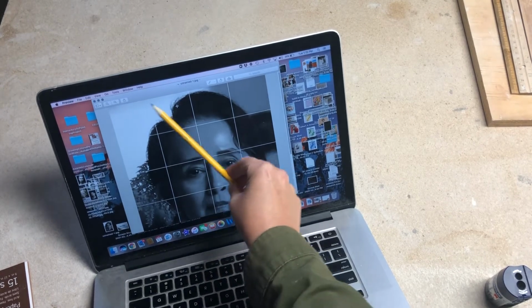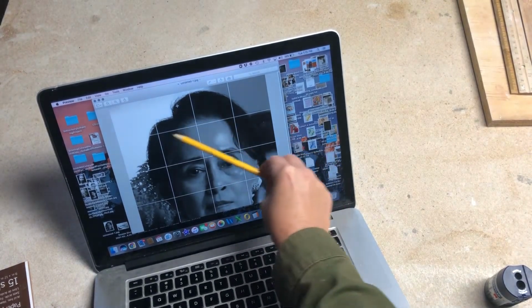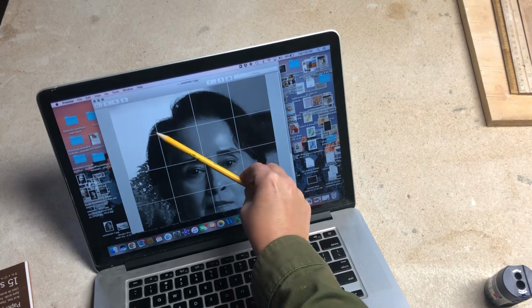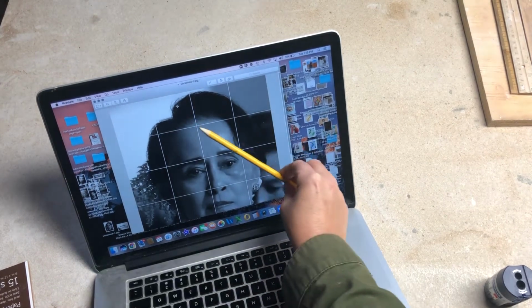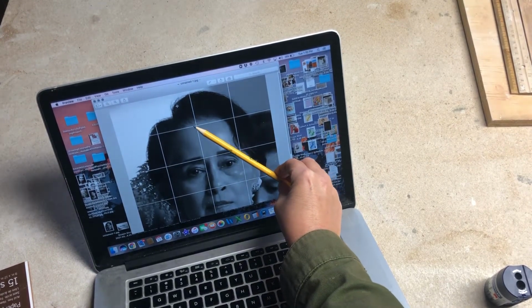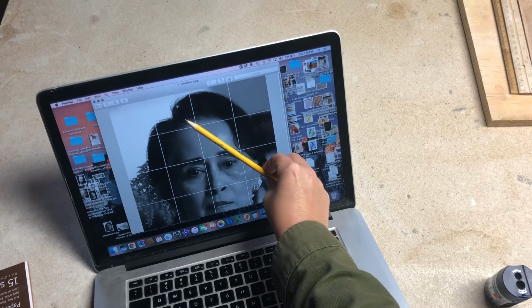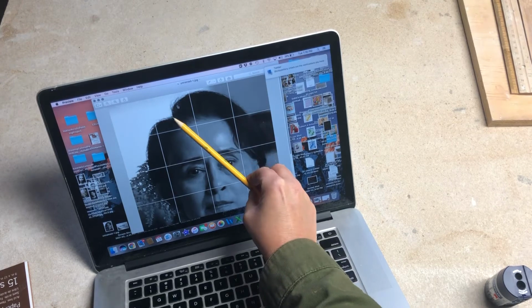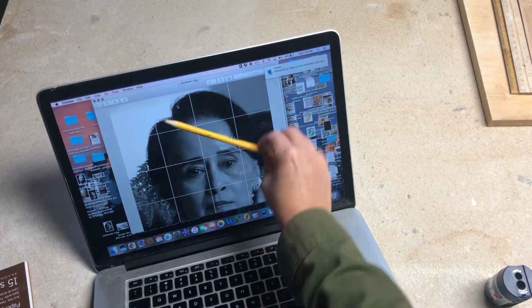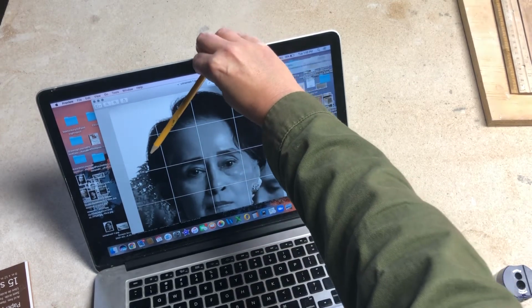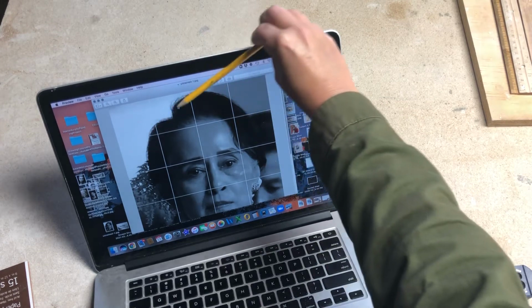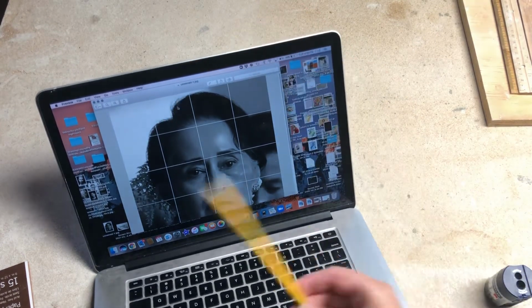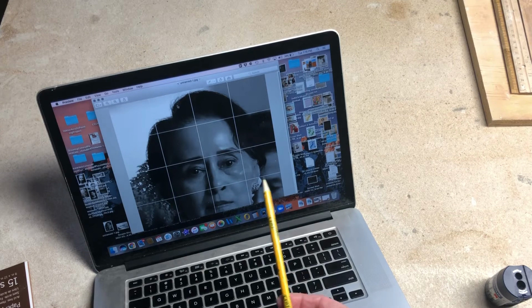So you also have where these are in relation to the rest of the square. So I can think of this angle here. Does it go straight corner to corner if I made an X? Well, no, it's a little bit below that dot right there. How about this right here? If I check that line, the hairline's a little above it. There's so many different ways to check your shape here.